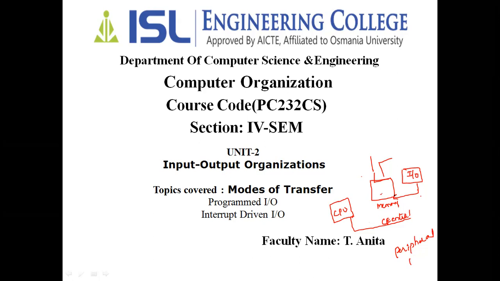This transfer of data takes place in how many ways? Actually, it takes place in three ways. The first one is programmed IO, second one is interrupt-driven IO, and the third one is DMA. As we are going to concentrate today majorly on the first two, I have not included DMA here.